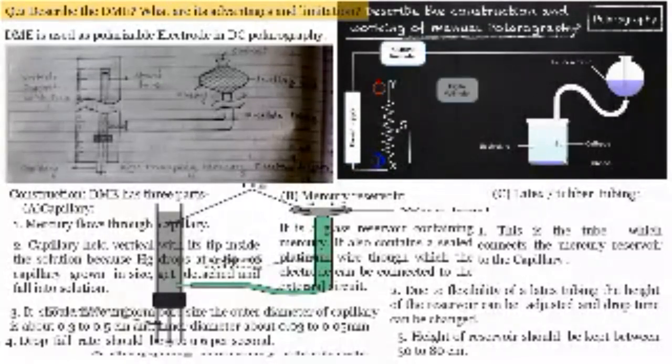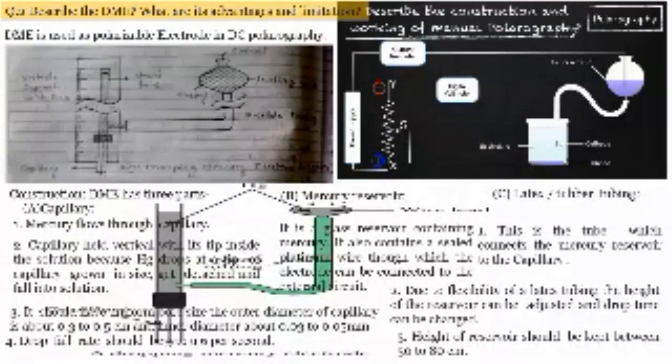The height of the mercury reservoir is adjusted so that mercury falls at a rate of 20 to 30 drops per minute. Close the circuit and keep the jockey S on X. For this position of the jockey, find the readings of the voltmeter and current recorder.